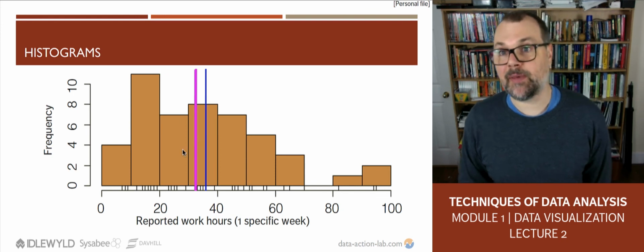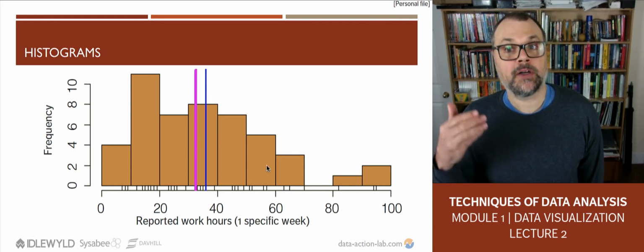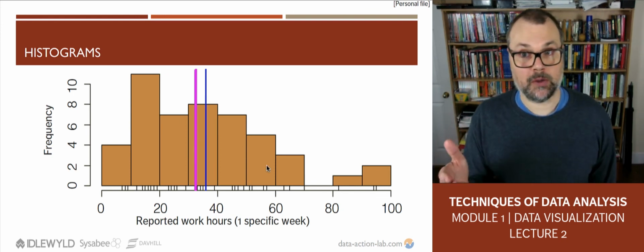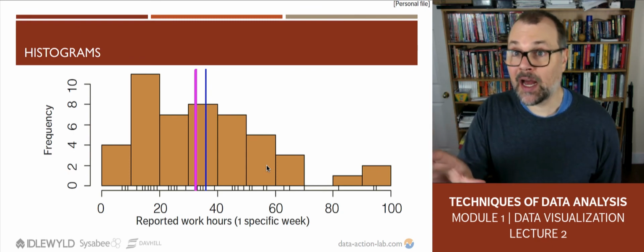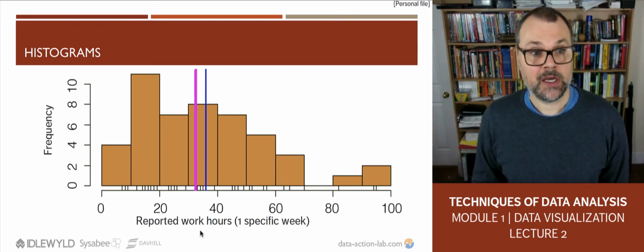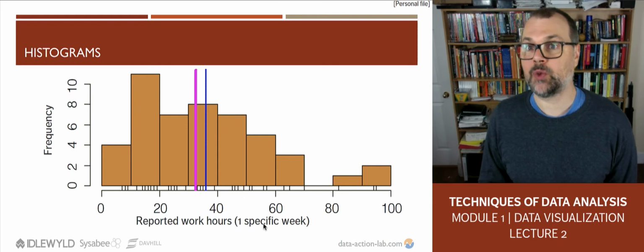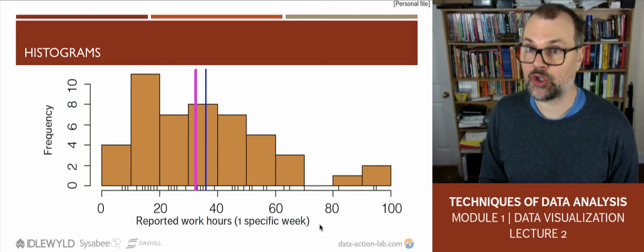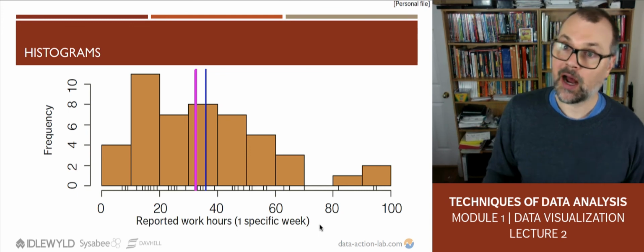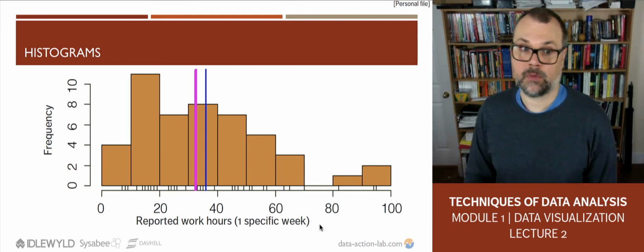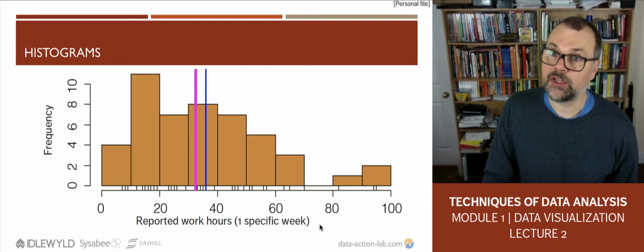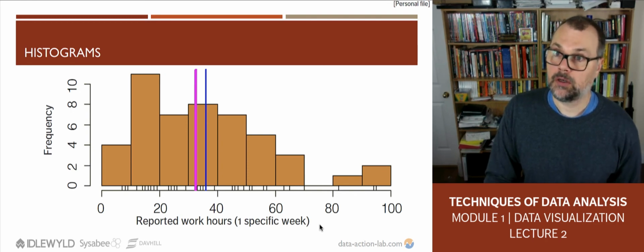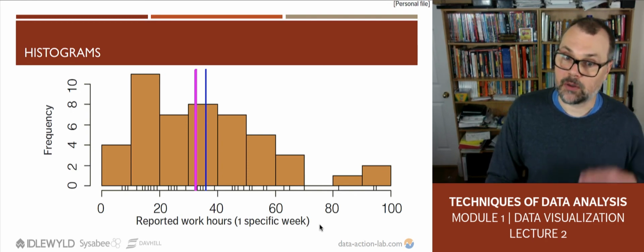Another thing to keep in mind when you read this, you need to keep on interpreting what you're seeing, what I've called the multiple eyes in previous sessions. These are the reported work hours in 1 week. What is the maximum number of hours you have ever worked in a week, either at school or at work? I mean, what is your average time spent on work or at school?